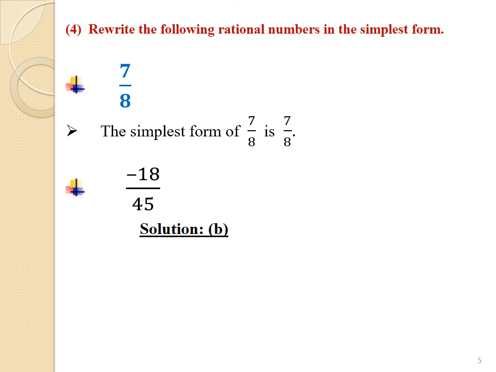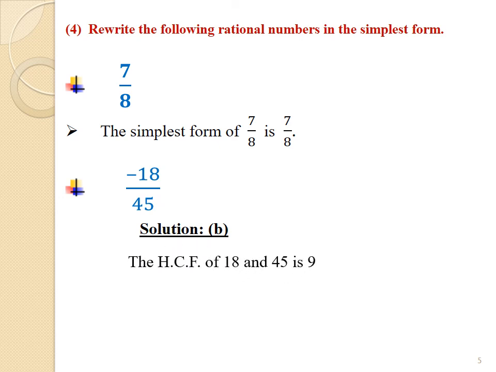Now, sum B, minus 18 upon 45. Students, minus 18 upon 45 is not in the standard form. So, let us find out the SCF of 18 and 45 by ignoring the minus sign. Thus, SCF of numerator 18 and denominator 45 is 9.